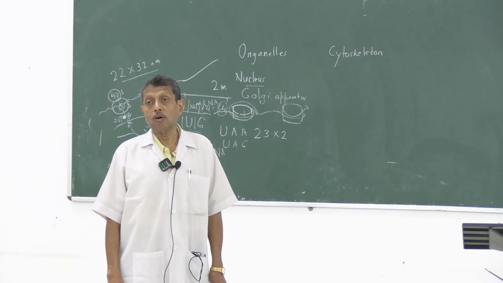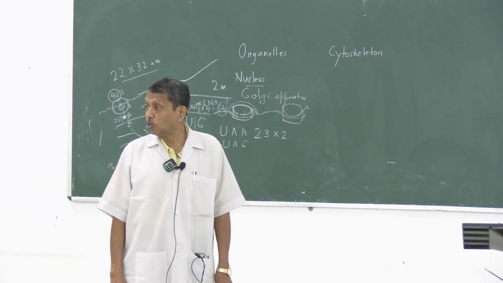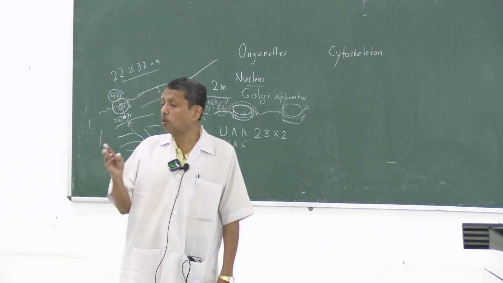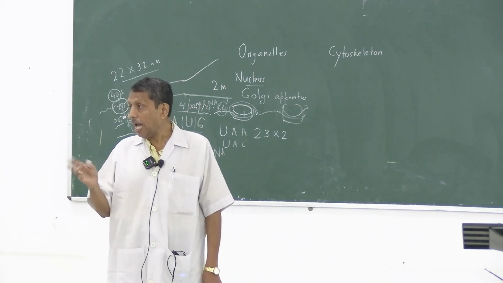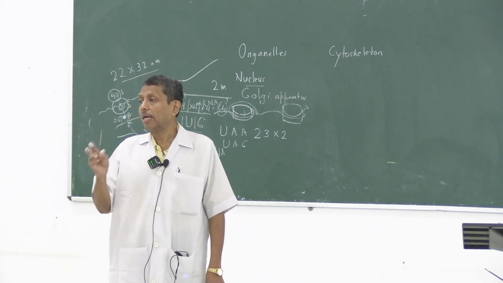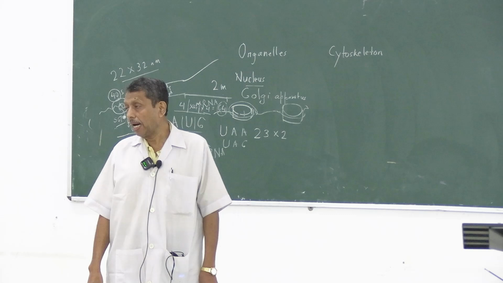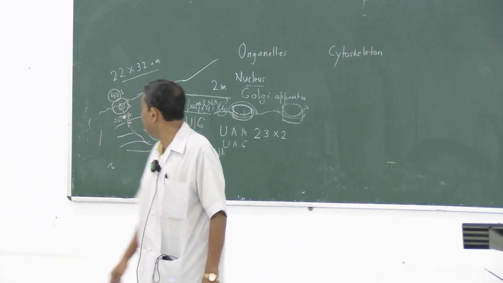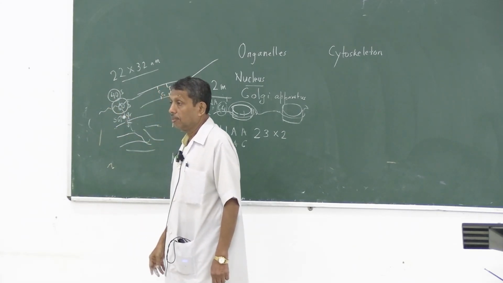But protein synthesis occurs in the cytosol with the help of ribosomes. Ribosomes are produced by the nucleus. They contain numerous proteins and typically at least two ribonucleic acids, ribosomal RNAs. They are these types of structures, 40S and 60S.